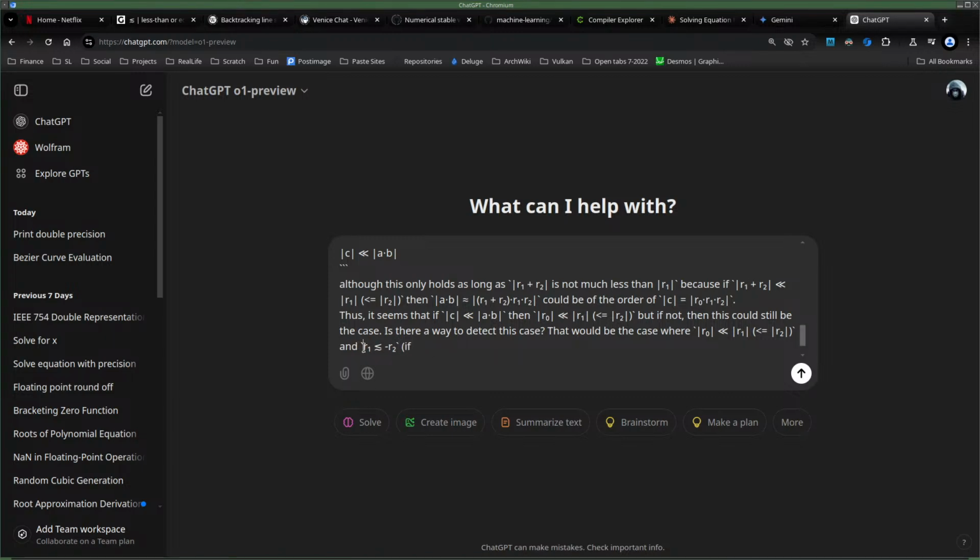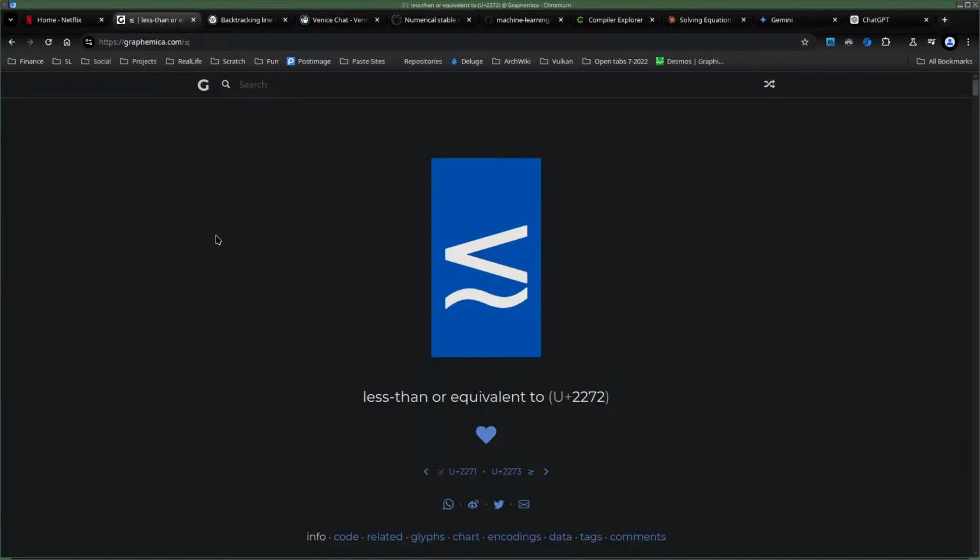So if R1 is positive, so there would be say larger than or equivalent to.